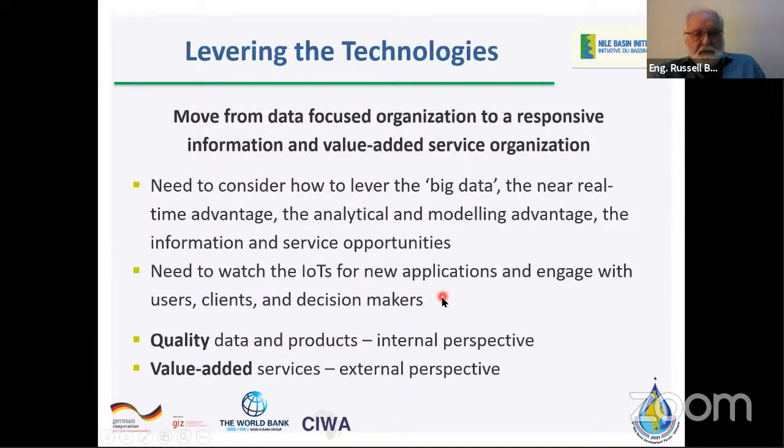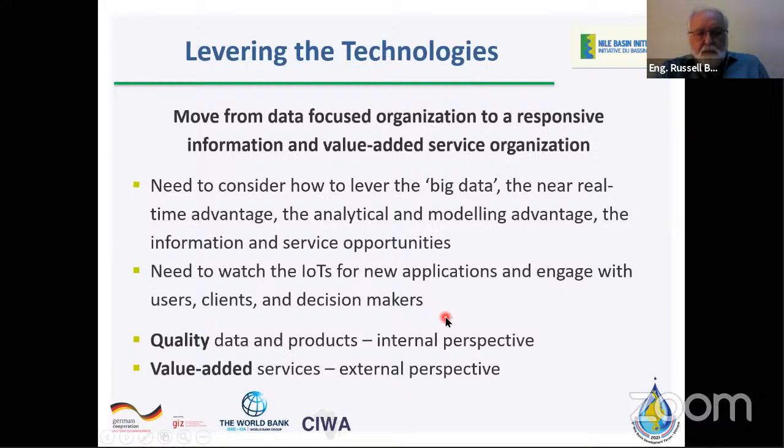The little note here is it's really interesting. You just need to watch the Internet of Things, because there are so many new applications coming available through the internet that you can leverage and download and use to help you with your data processing or some of the service delivery side. And the other aspect here is you need to engage with your user clients and decision makers on a regular basis.